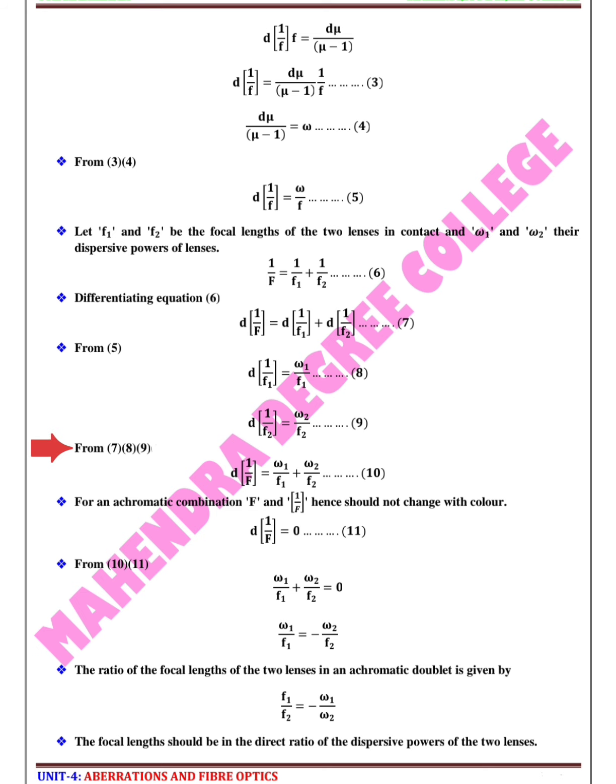Substitute equation number 8 and 9 into equation number 7. We get differential of 1 by f equals omega 1 by f1 plus omega 2 by f2. This is equation number 10. For an achromatic combination, f and hence 1 by f should not change with color.